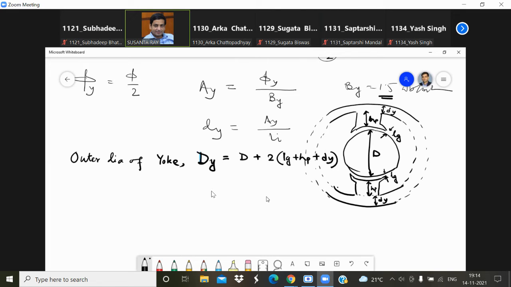It is a bit high. Just a minute. So 5 kilowatt machine is quite small. It should be around 25, 26 centimeters.